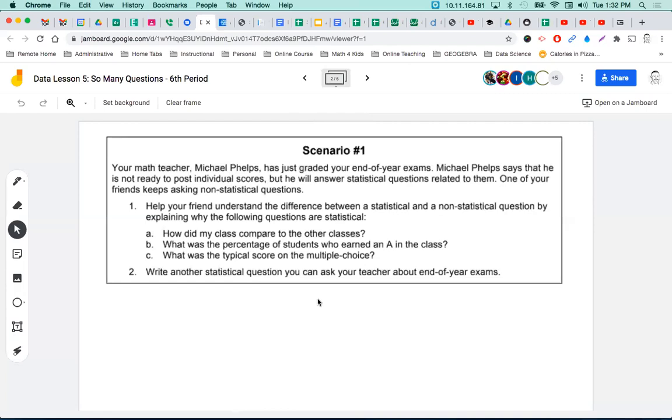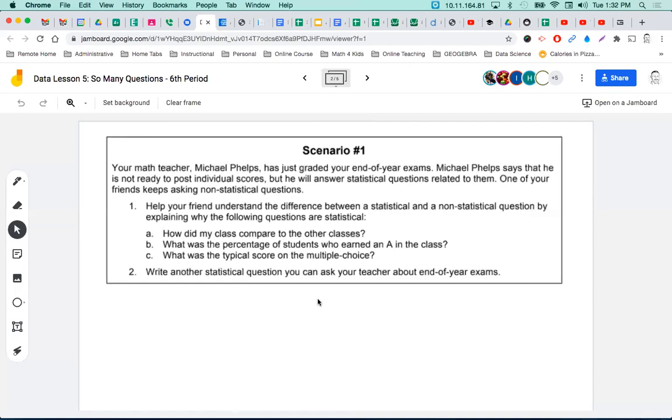Help your friend understand the difference between a statistical and non-statistical question by explaining why the following questions are statistical. So we have an A, B, and a C. A is, how did my class compare to the other classes? Now, this is a pretty open-ended question, and the teacher could answer this pretty vaguely, or could get very specific when it comes to scores.